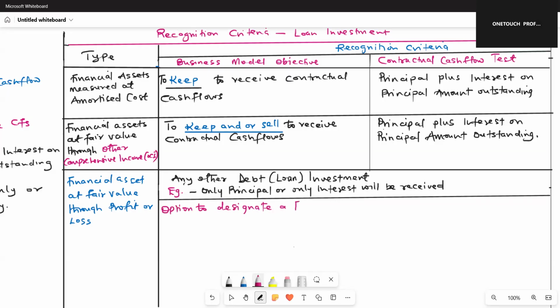Option to designate a financial asset at fair value through profit or loss.